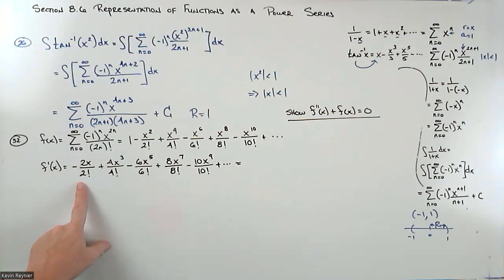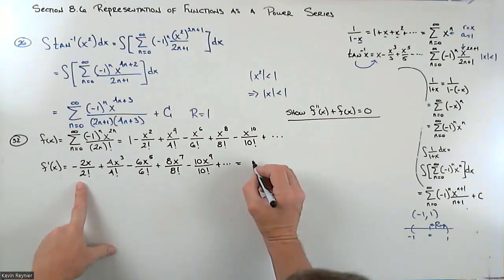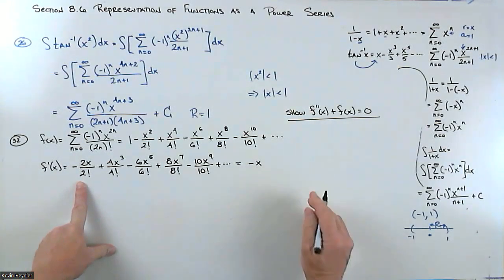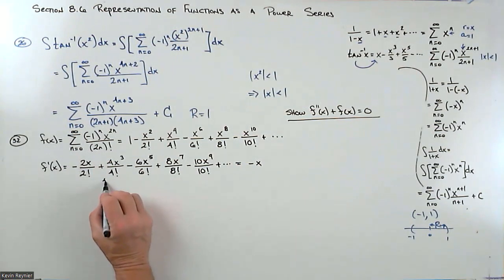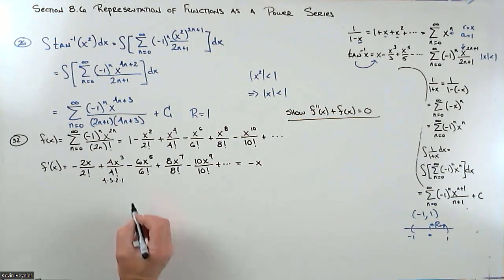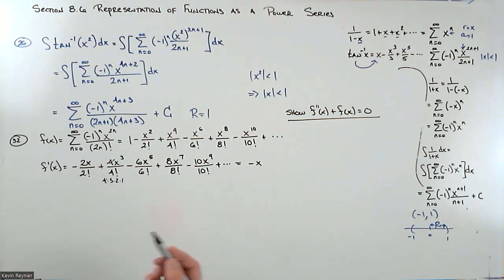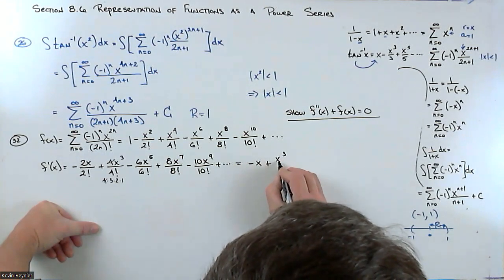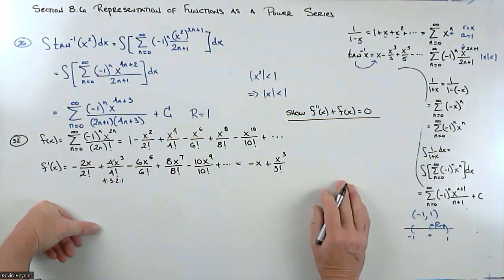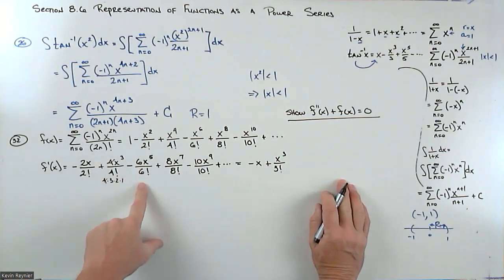That 2 is going to cancel that 2, and we're going to have negative x. That 4 is going to cancel. Remember, 4 factorial is 4 times 3 times 2 times 1. So when we cancel the 4 and the 4, we get 3 factorial. So it's going to be plus x cubed over 3 factorial. The 6's are going to cancel.